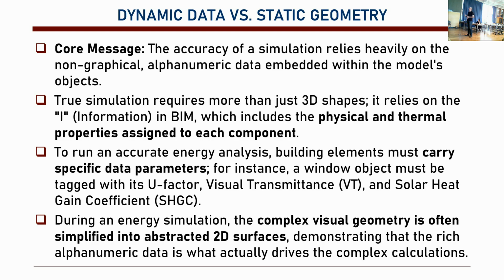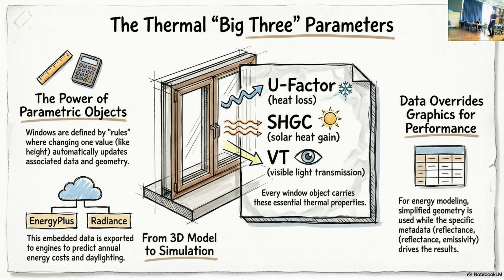Okay, so basically, when we run an energy simulation, this complex visual geometry is simplified into abstract two-dimensional surfaces, because our energy performance software can only work with a simplified representation. This is something that we want to deal with.